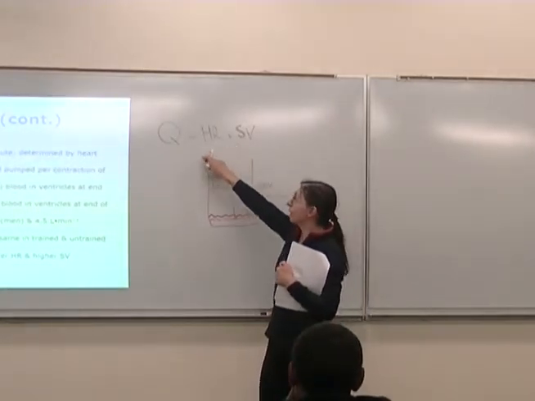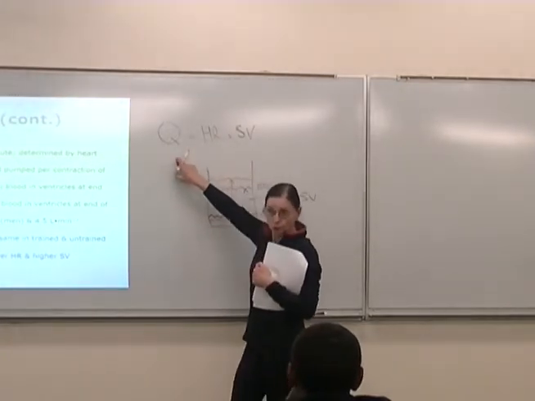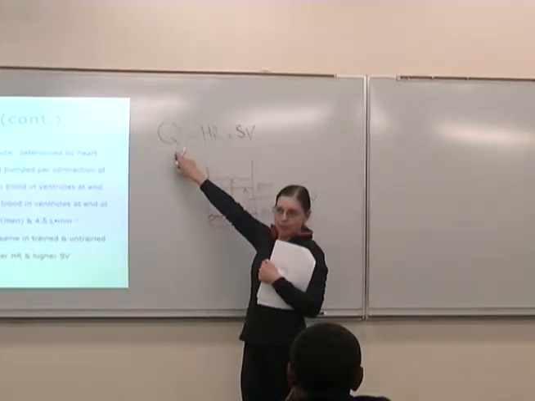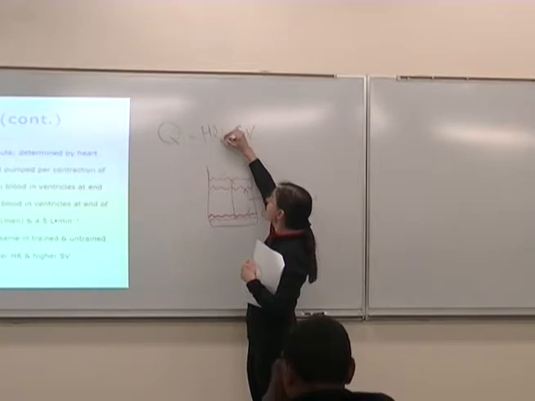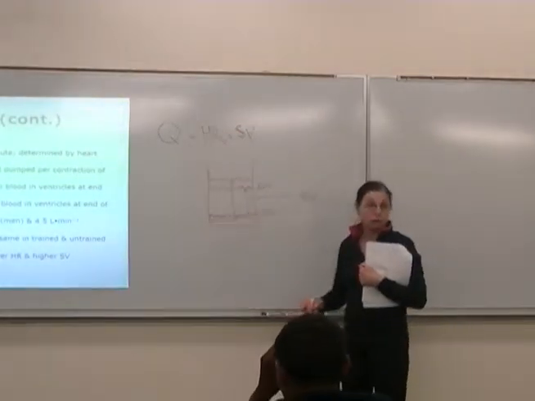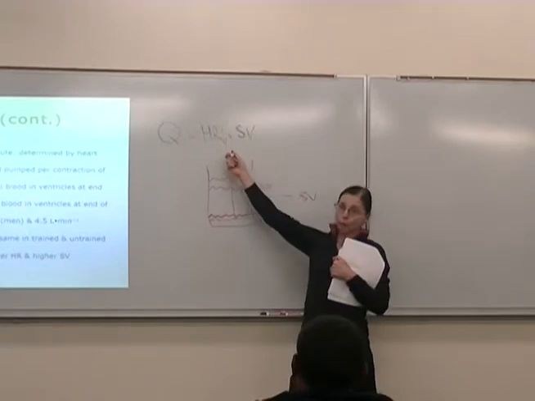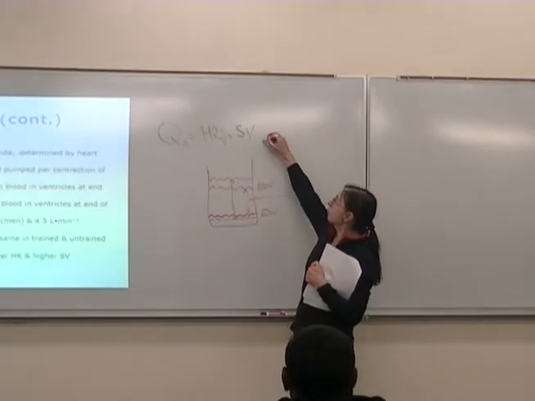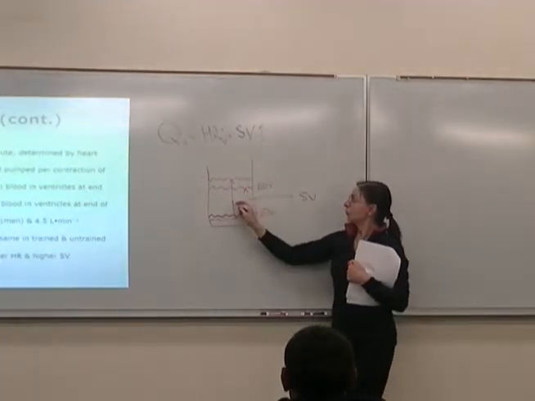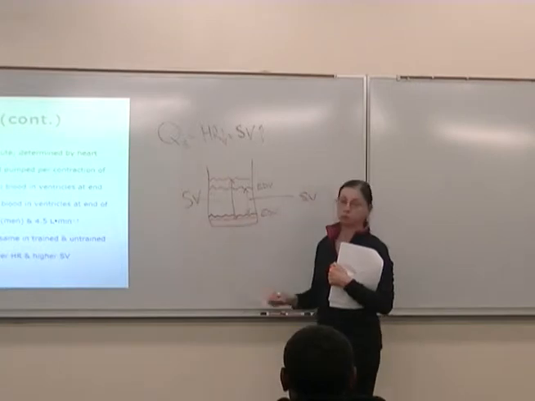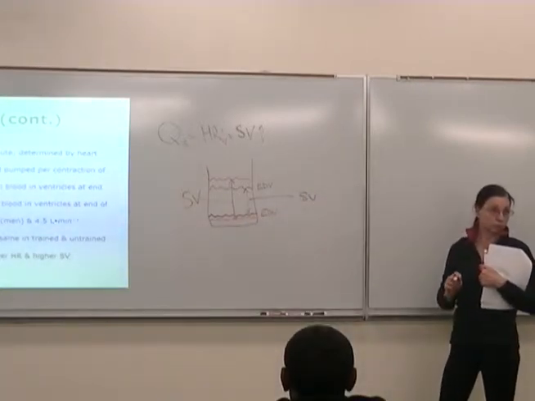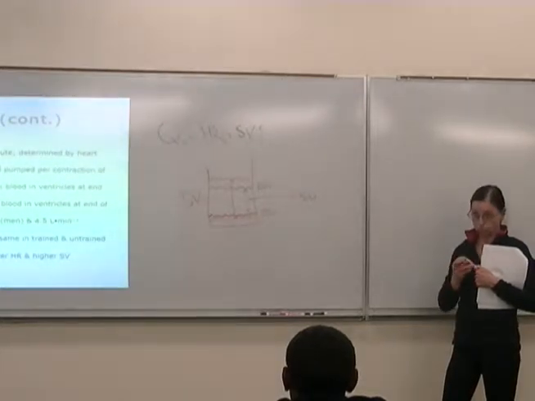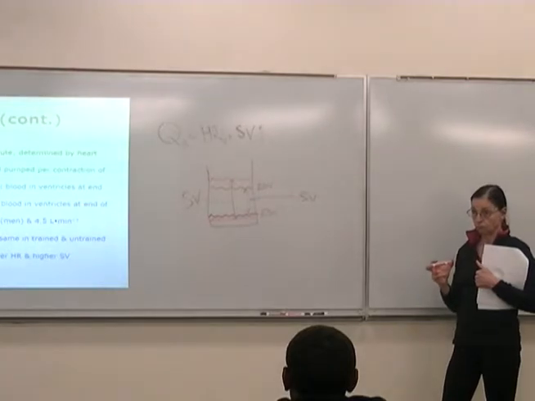It goes down. But at rest, I don't need any more or any less blood. I didn't lose an organ, right? My blood requirement is the same, but heart rate goes down when I train. The only way it can go down, if this stays the same, is because stroke volume goes up. All right? Make sense?